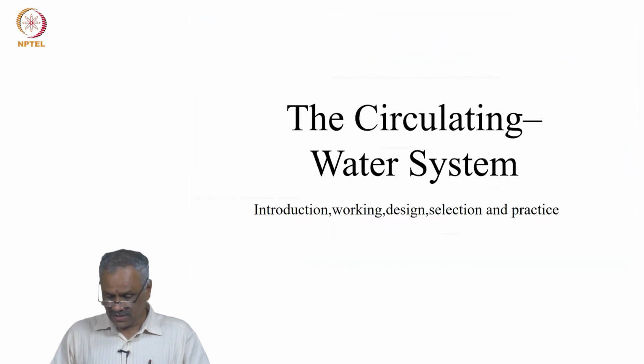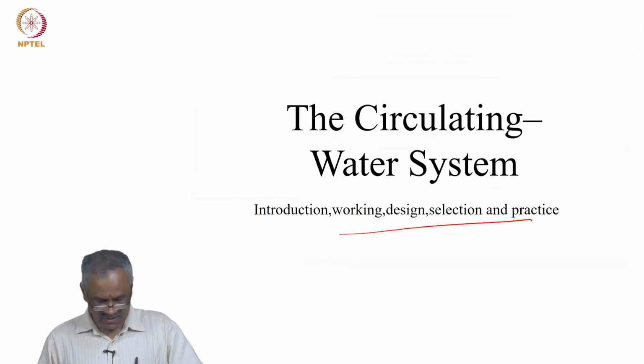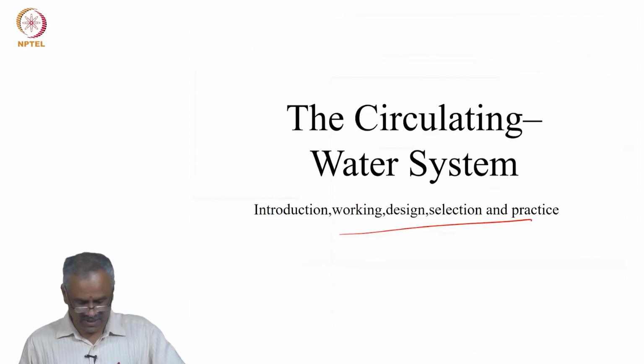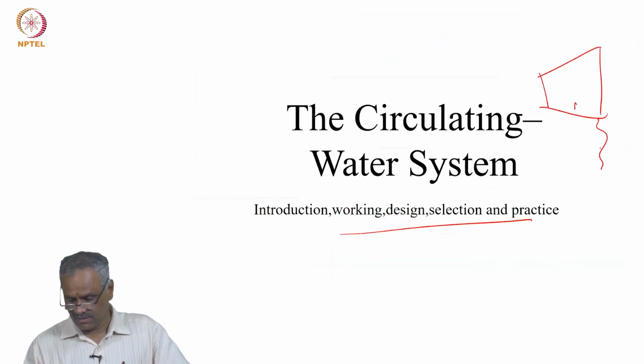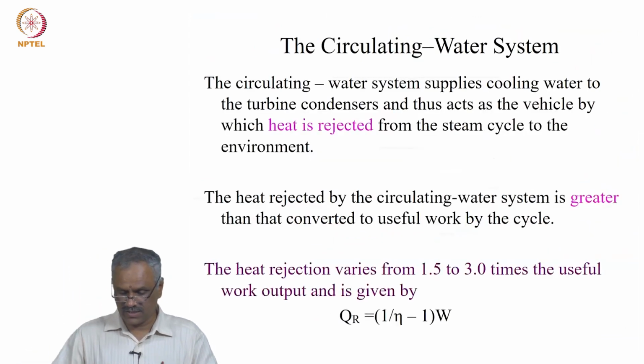The circulating water system mainly involves working principle, design, selection and practices. Mainly circulating fluid means the heat rejection from the turbine, this circulation system. I will discuss what the circulation system is.